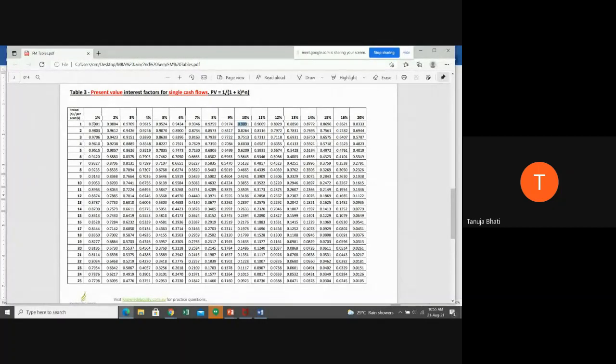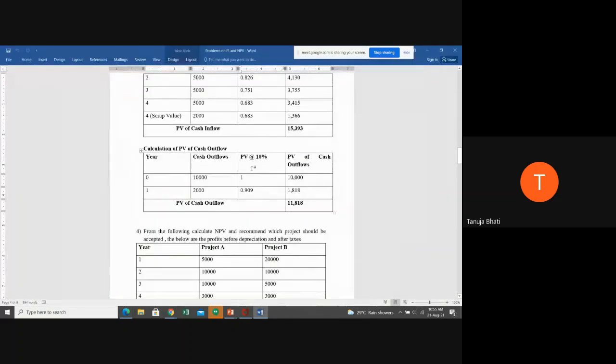So, therefore, for year 0, the PV factor will always be 1. Remember that, students. So 10% for 1 year, 0.9091. For the first year, the PV factor we have taken from table number 3 is 0.909.